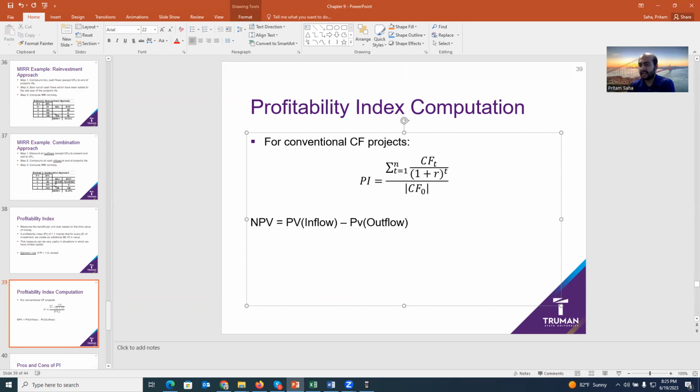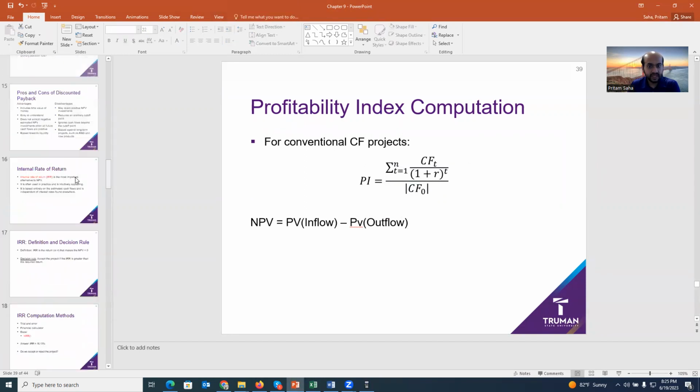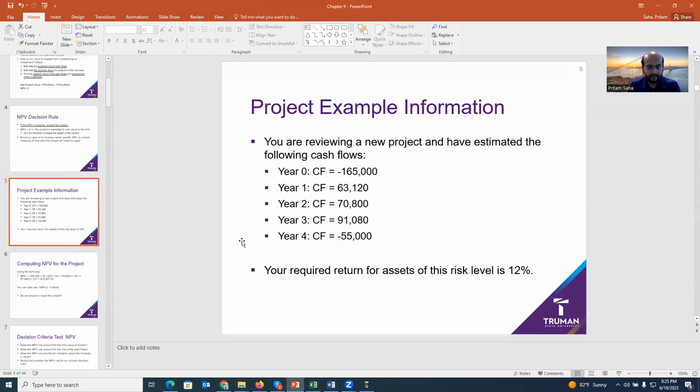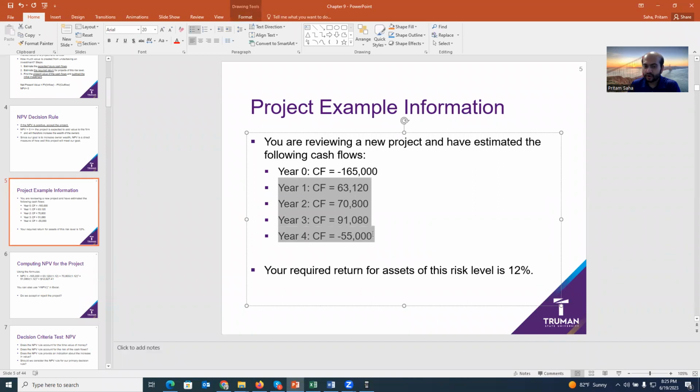In conventional cases, at year 0 we have the outflow, and in all future periods we have the inflow, right? The formula is cash flow T divided by 1 plus R to the T, summation of T goes 1 to N, not 0, T goes 1 to N.